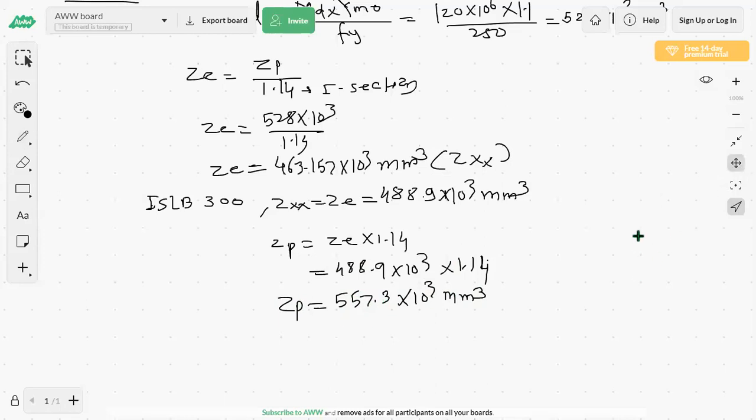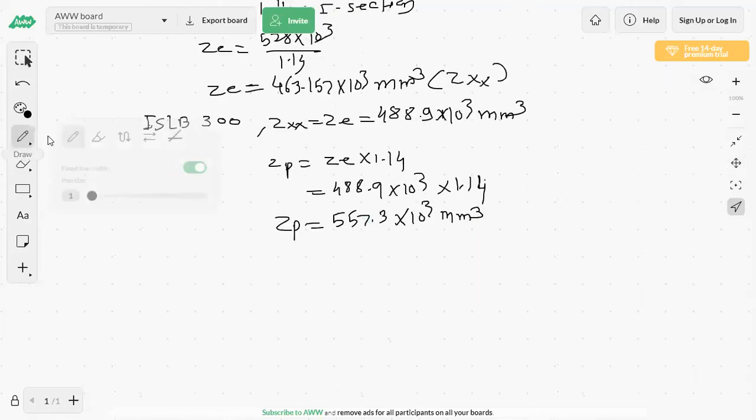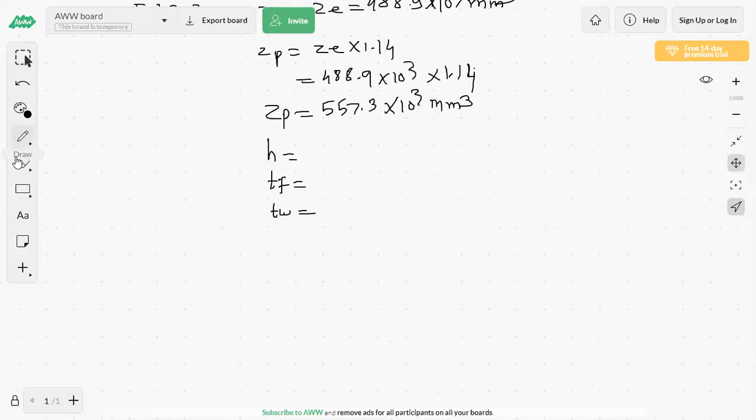And again this ZP we have calculated. So again find the properties of the section: thickness of flange, thickness of web, width of flange, IXX.